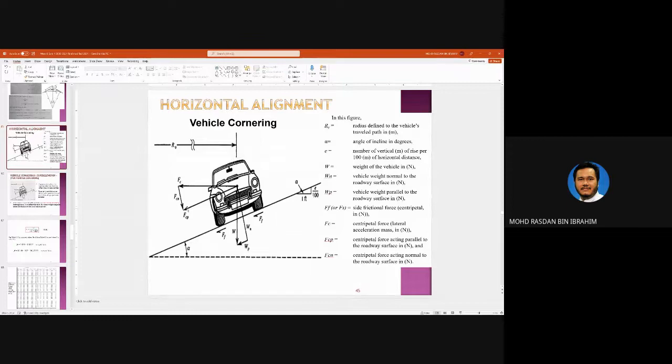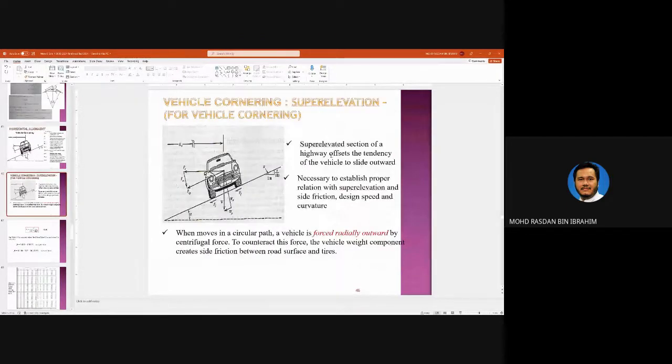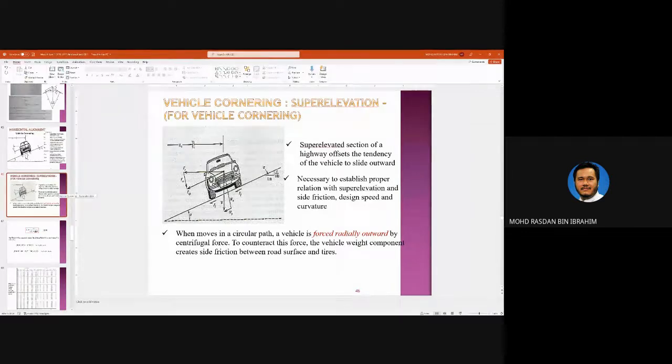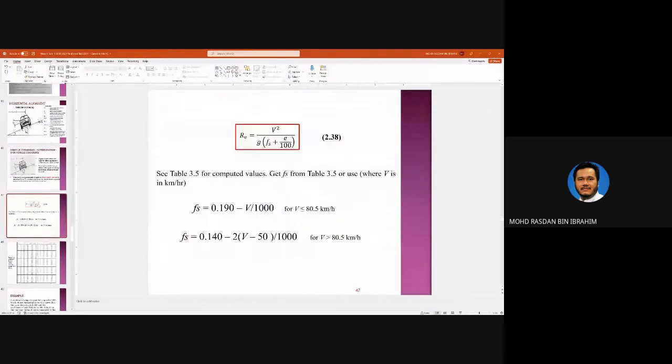So it depends on super elevation. A super elevated section of a highway offsets the tendency to push the vehicle outward. So it is necessary to establish a proper relation between super elevation, side friction, design speed, and curvature. So now the formula for RV is this, where it is a function of velocity, gravity, friction, and super elevation.